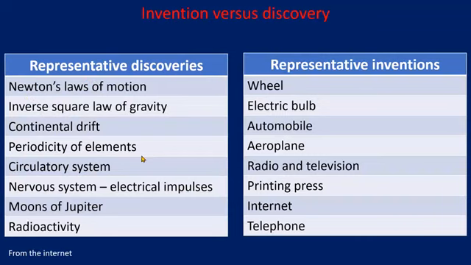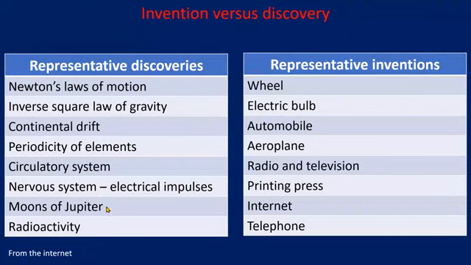There is a periodic table developed on the atomic number, with certain periodicity depending upon the orbitals. Then there is the nervous system, which passes signals from one point to another inside vertebrates with electrical impulses.